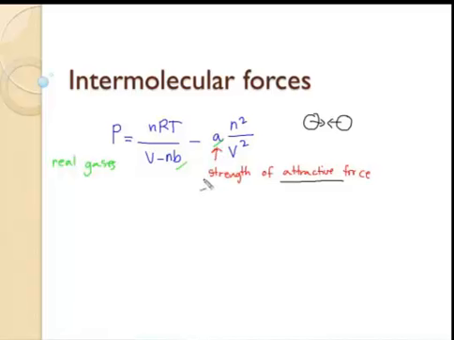Now the constant b here describes the excluded volume of the particles or the molecules in the gas. Excluded volume is defined as the volume occupied by 1 mole of the gas. So in this case, suppose we have two gas particles. Gas particles occupy a certain volume; they're not always assumed to be point charges.